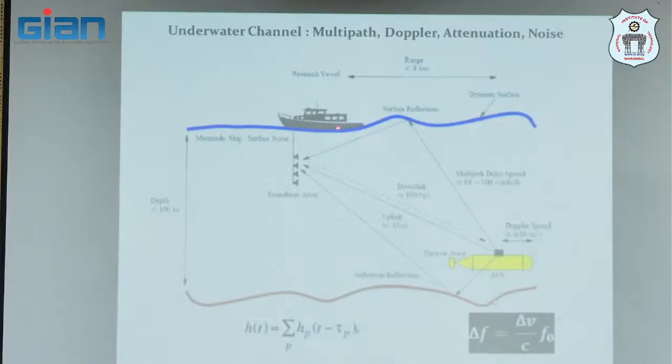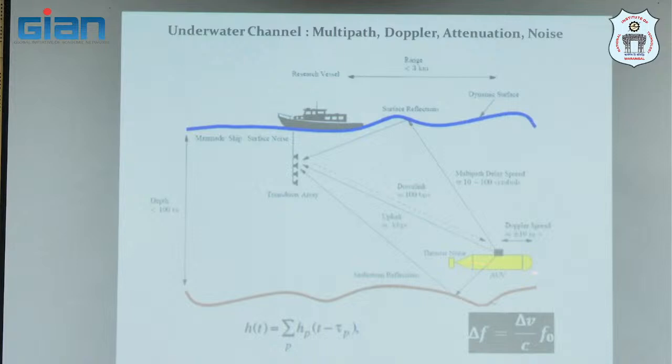In the surface side, all noises will be present: ambient noise, noise due to wind, waves, bubbles, and then man-made noise, ship noise and all other noise. When we go deeper, the noise component is lesser.